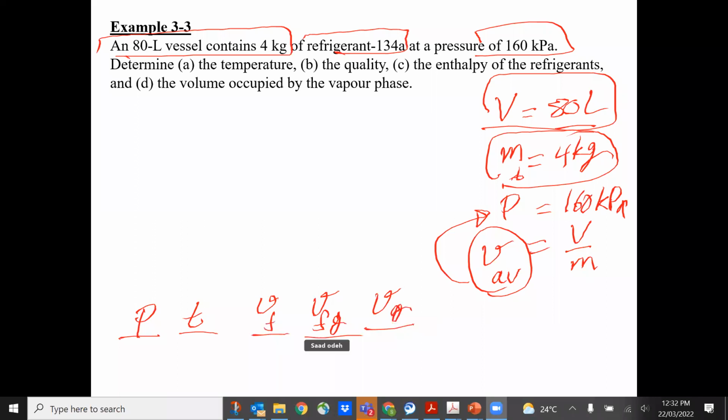These columns. So for example, I take 160, and I don't check the temperature now, leave it. I go to these two values, VF and VG, and compare my value, V average. If it's falling between these two values, then I am in the two-phase region, correct?